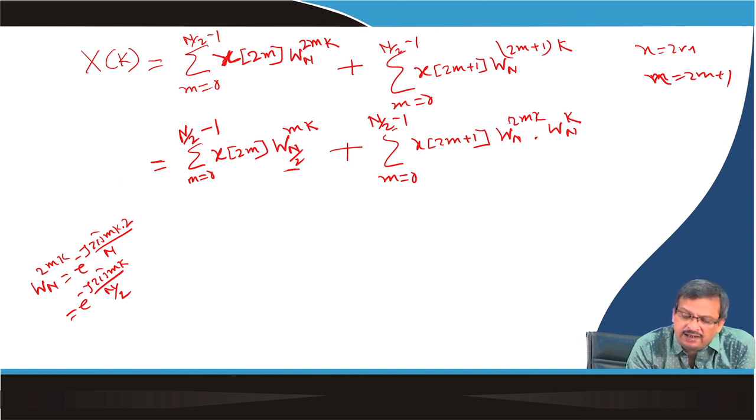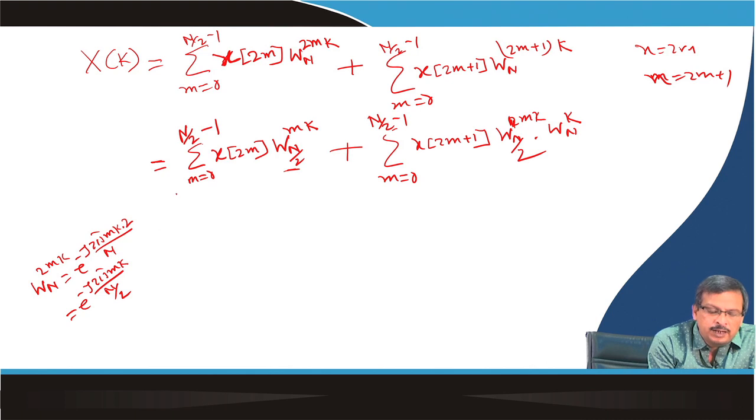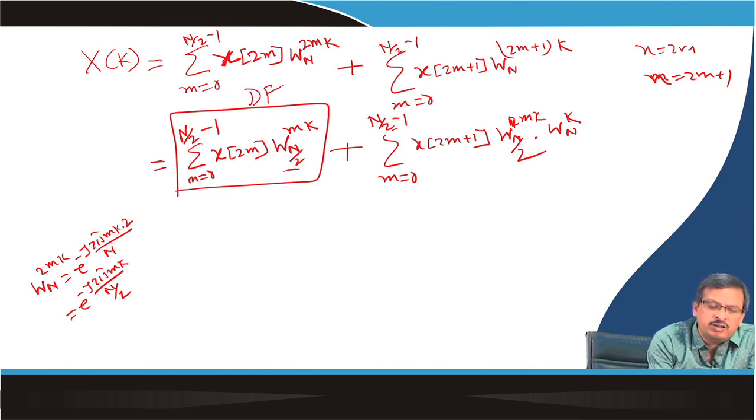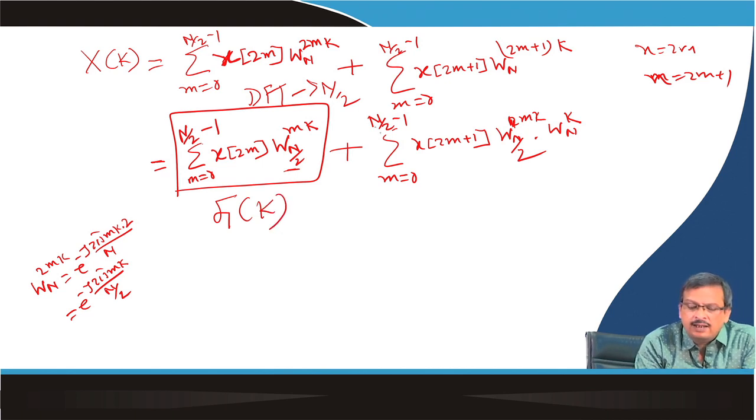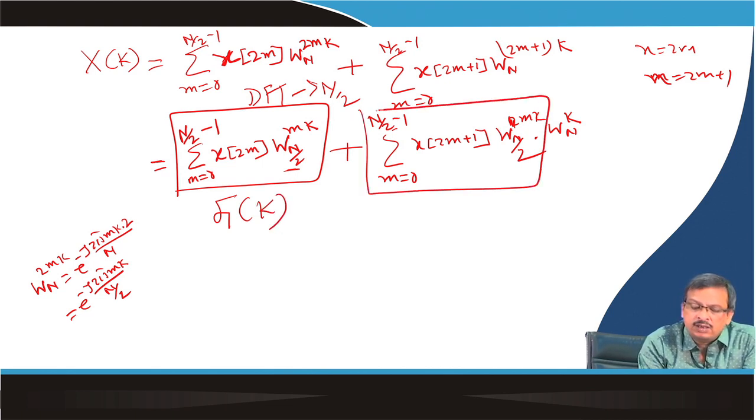Again this can be written like this. If you see, this one is a DFT equation whose length is N/2. Let us say this is F1(k), and this one is also a DFT whose length is N/2. Let us say this is F2(k).